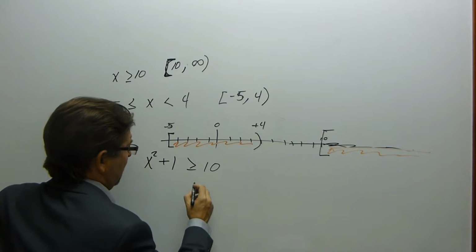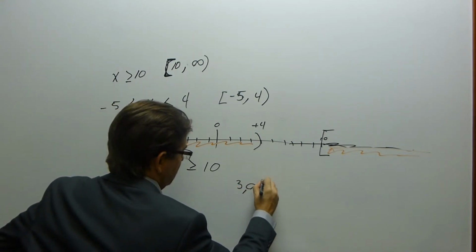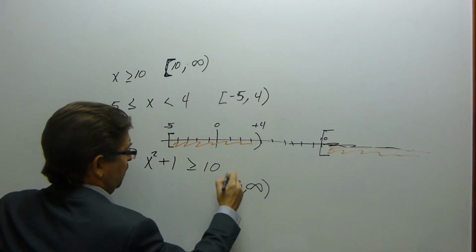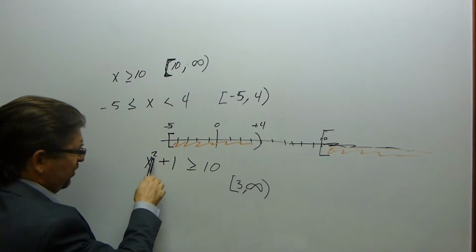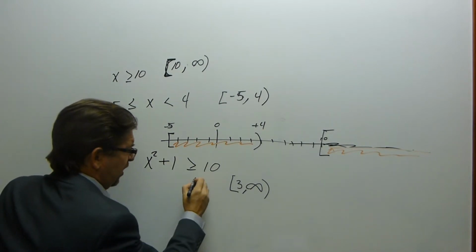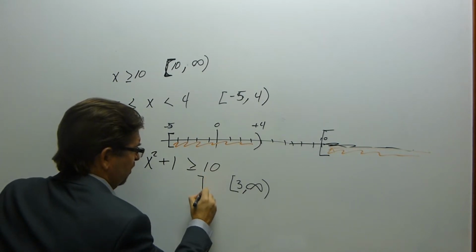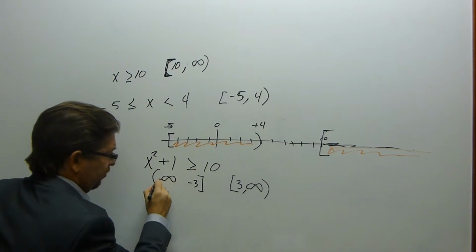That means I can have everything from 3 to infinity, including 3. Oh, but what if we have negative 3 here? Negative 3 squared is 9, plus 1 is 10. Oh, well, I guess we could have negative 3 here as well, off to negative infinity, curved bracket.